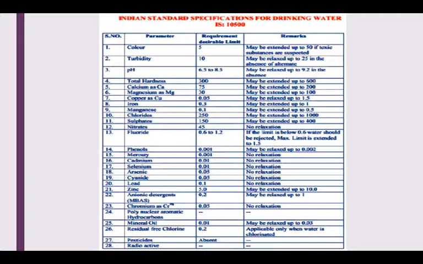This comes in the second module, but as we are learning all the standards, in this slide we'll be learning all the standards for drinking water, air and noise. So you can draw this tabular column in your notebook, and the values have to be learned.